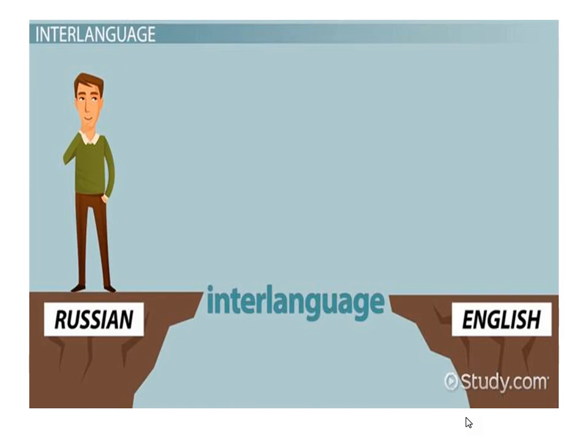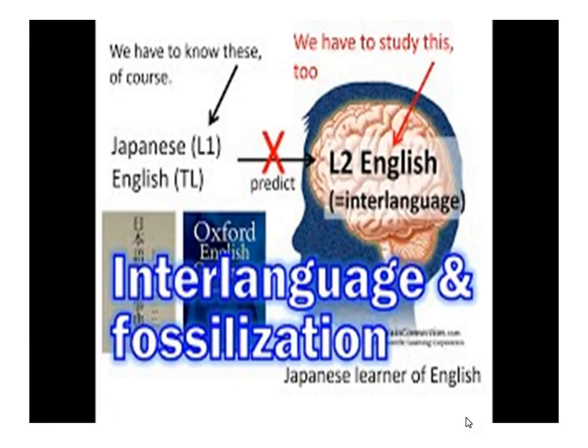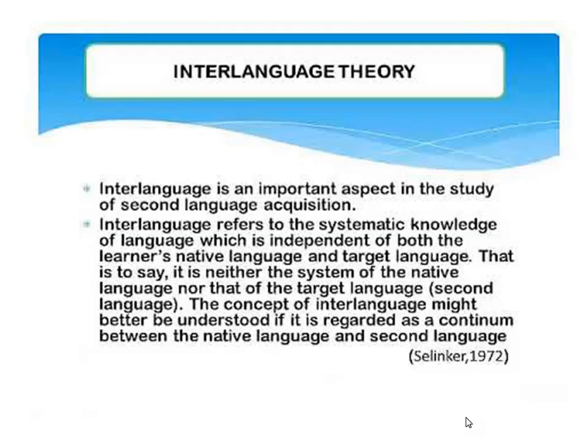So between L2 and L1, there will be a system that is learned by the learner, and this middle position or this language system is called interlanguage. This is not my definition. This definition was given by Selinker.